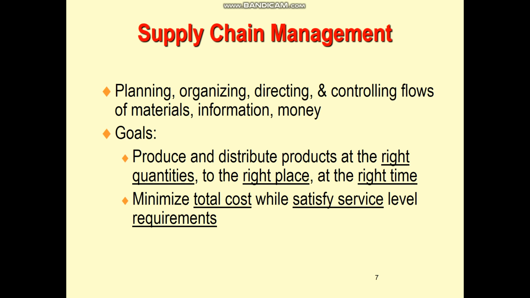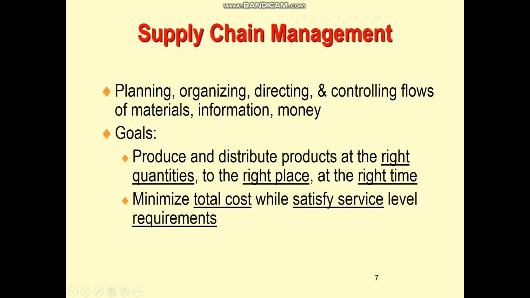What is supply chain management? Supply chain management is the process of planning, organizing, directing, and controlling flows of materials, information, and money. Remember, the material flows from the supplier to the customer, and the information and money flow from the customer back to suppliers.